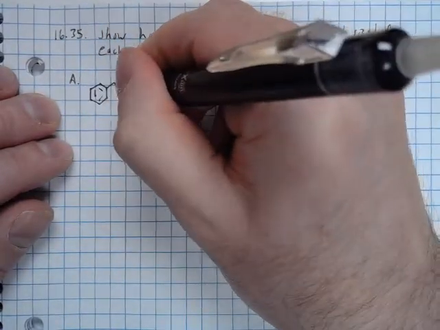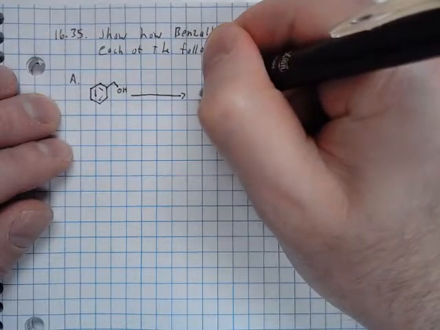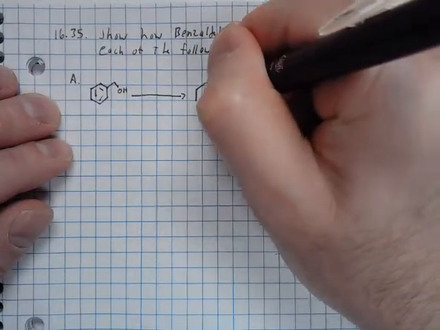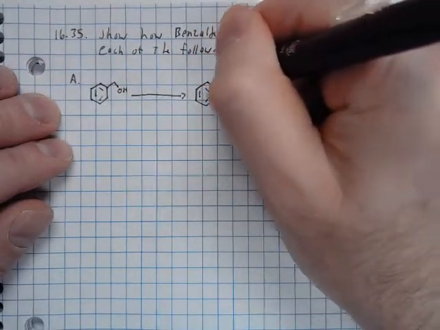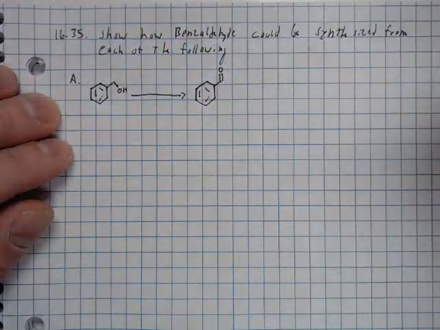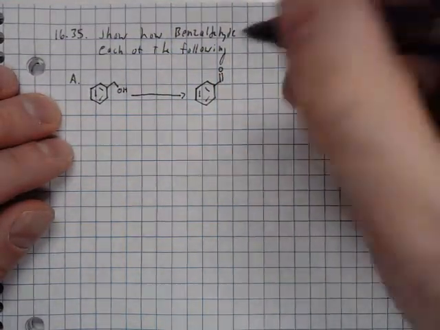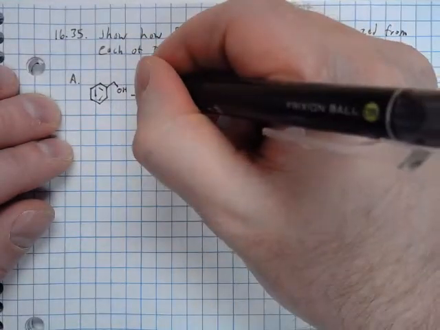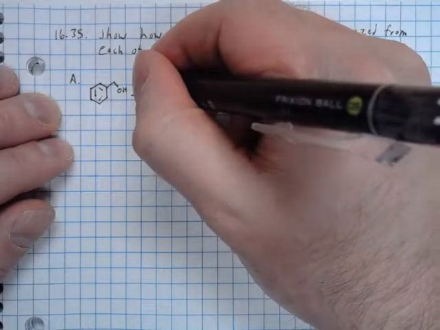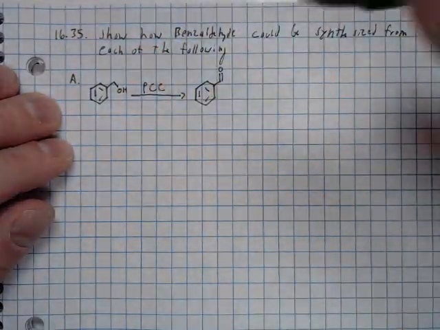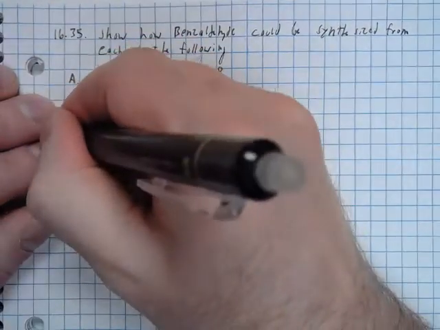So we want to convert benzyl alcohol to benzaldehyde. And we can do that by oxidizing the alcohol. PCC is one way of doing that.